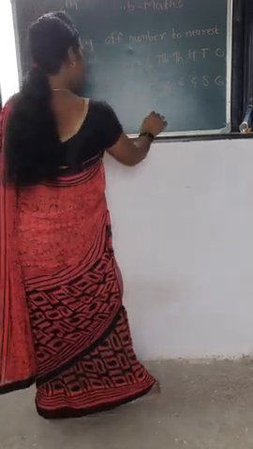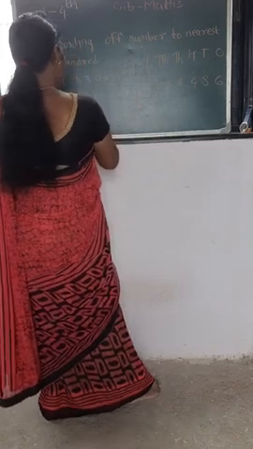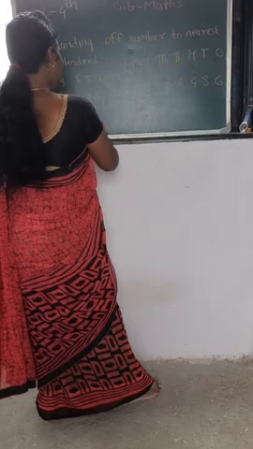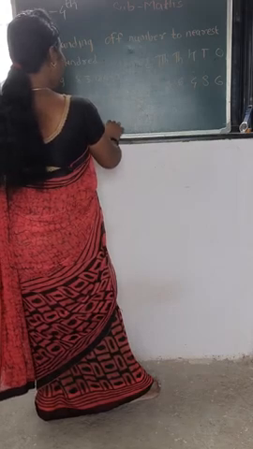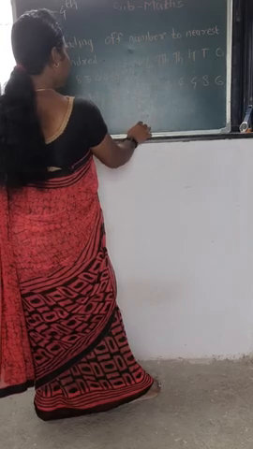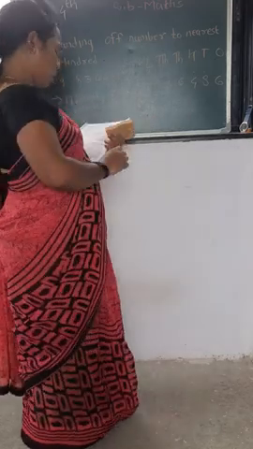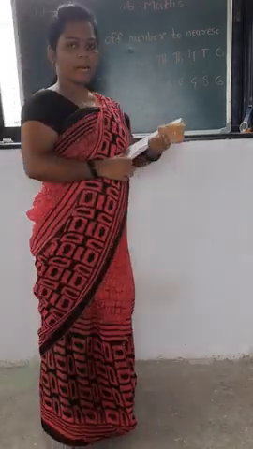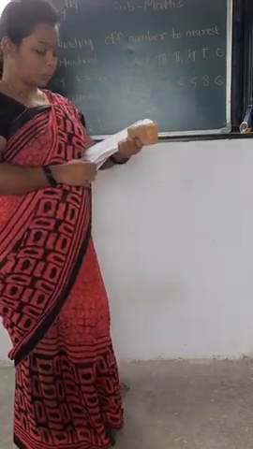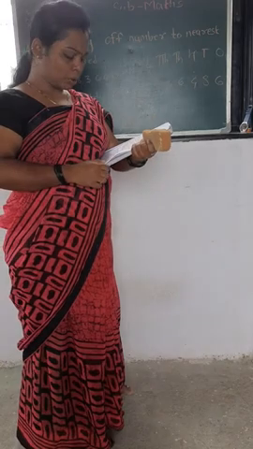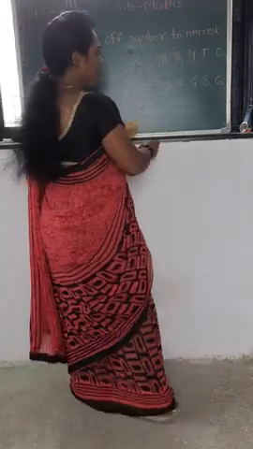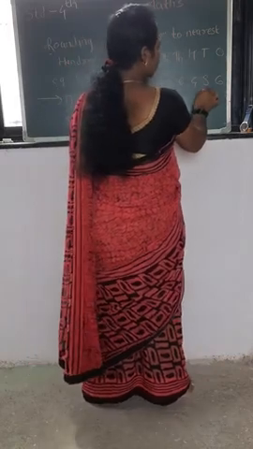If it is 5 or greater than 5, then add 1 to the hundreds place digit and keep the ones place and tens place as 0, and the rest of the digits are the same. We check the tens place digit.